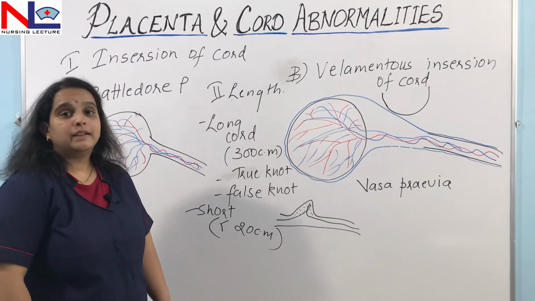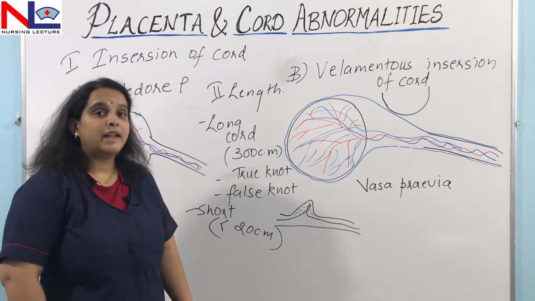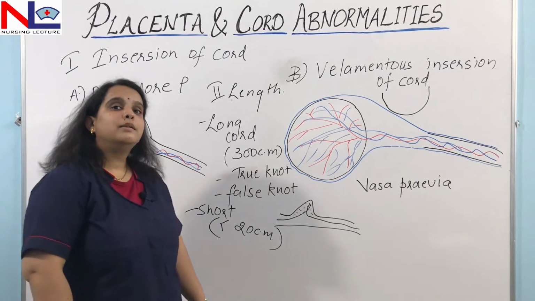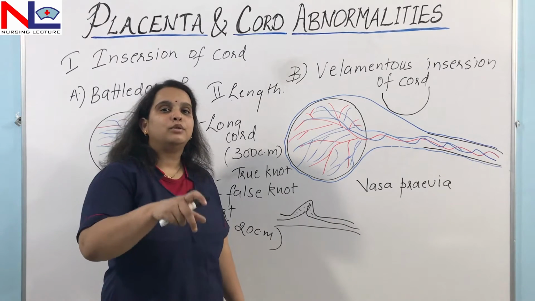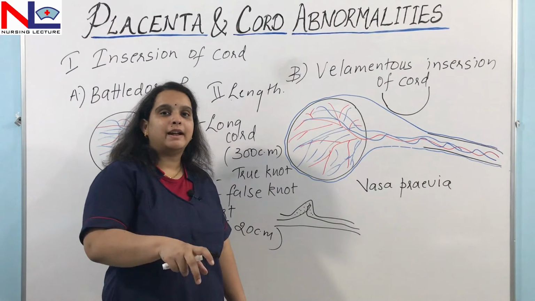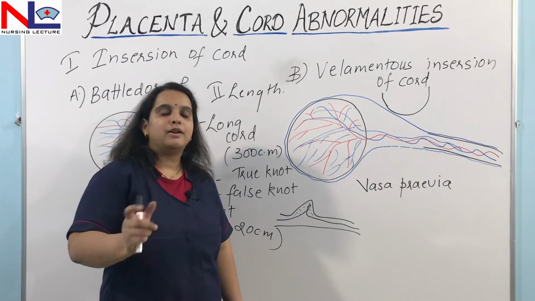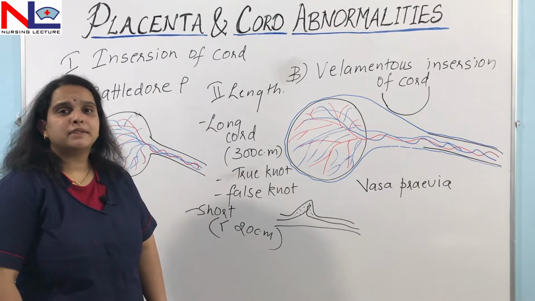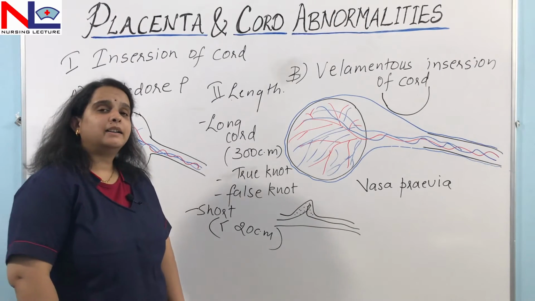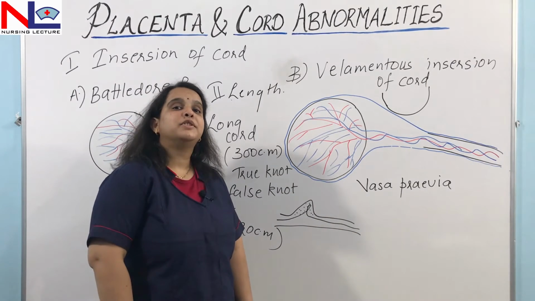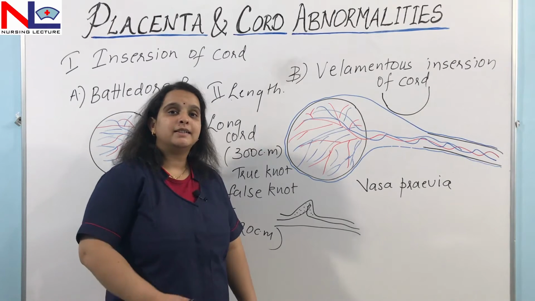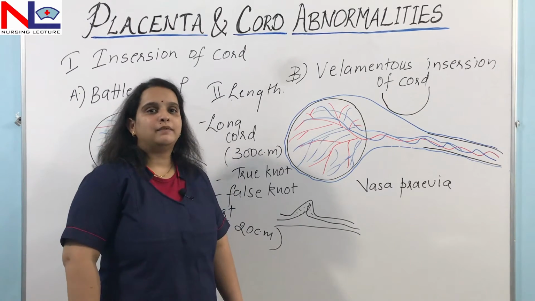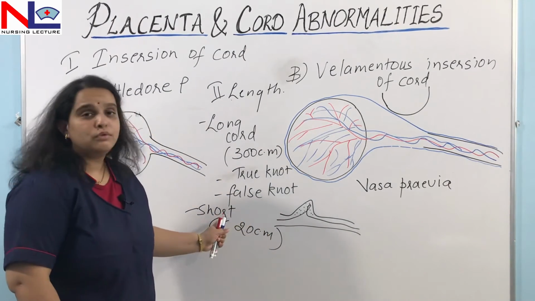There may also be prolonged labor with a short cord, because the presenting part cannot descend and engage, so labor cannot progress. With a short cord, malpresentation is also seen, and if you want to correct this malpresentation by version, that is, the cephalic version, it will fail because the cord is too short.